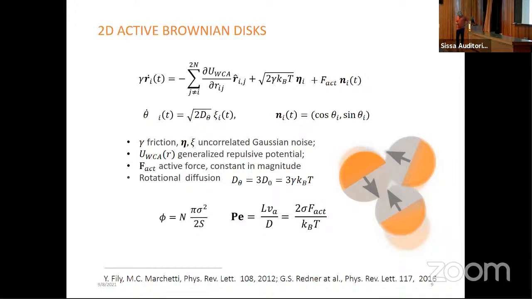So this is in some sense the standard model for these active Brownian particles, with respect to the Ornstein-Uhlenbeck version of the model.